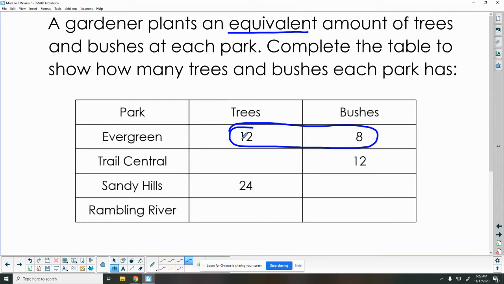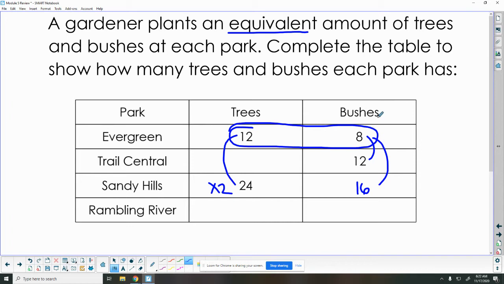So I can see here to go from 12 to 24, we would times by 2. So go ahead and do the same thing here. So 8 times 2 is 16. So that was easy for that one, but I'm noticing this one, there's not a nice way to go from 8 to 12. So I'm thinking we need to simplify 12 and 8.